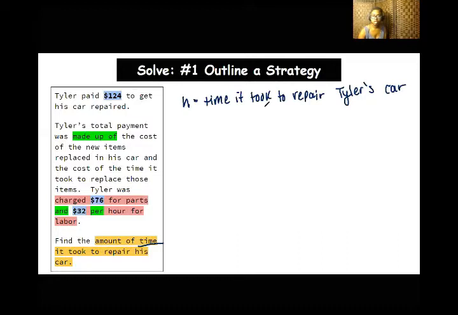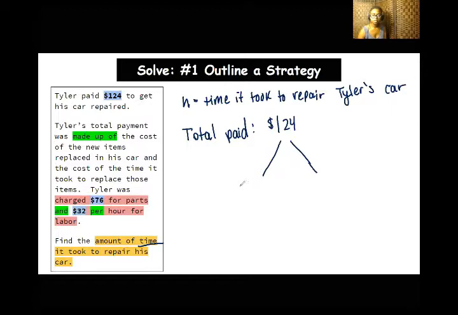So we can actually use the picture we drew earlier in this process, but instead of using $ signs, we can use actual numbers. Okay, so the total amount paid was $124, right? But that $124 was broken down into two different sections.